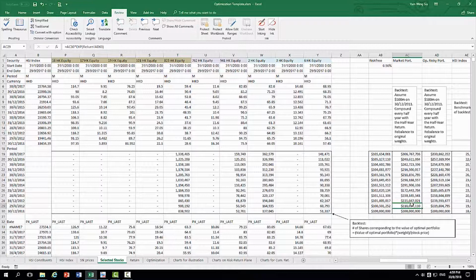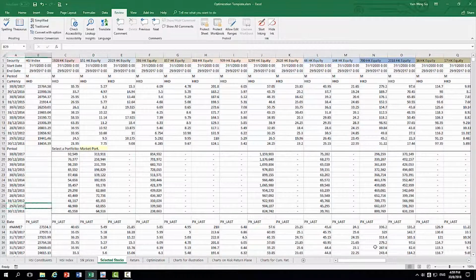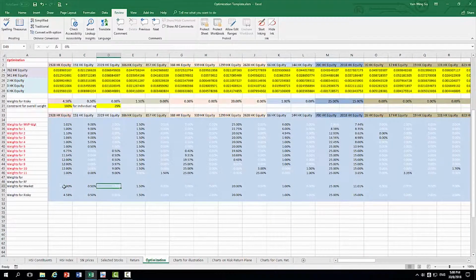To maintain the weighting, it means you have to rebalance the portfolio accordingly, because otherwise the weighting would not be kept in these ratios.